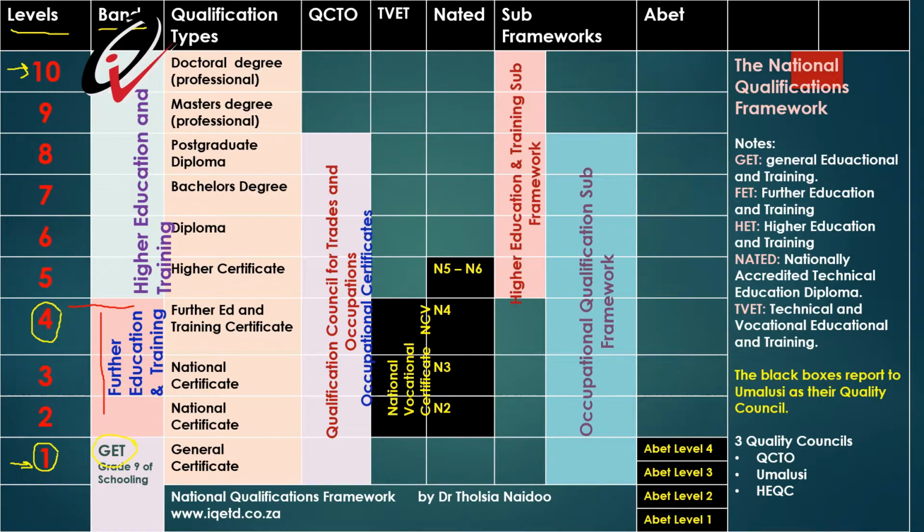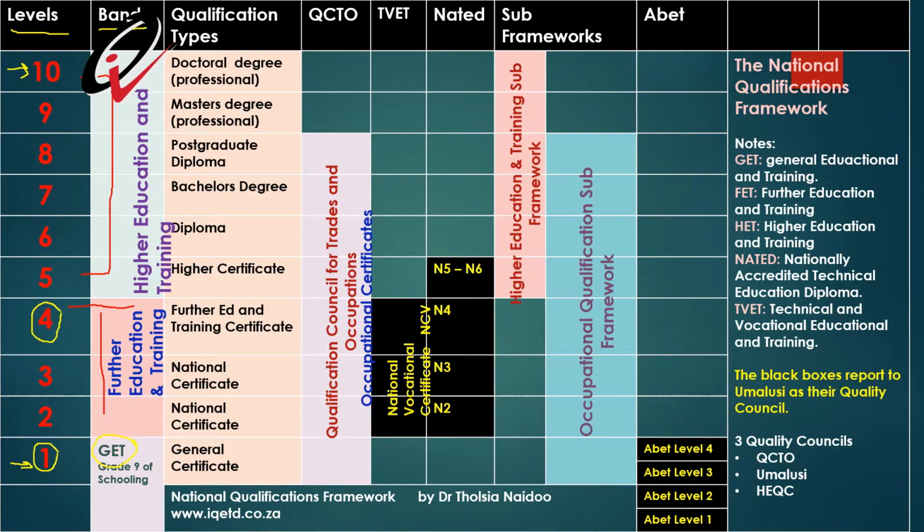We look then a little higher up on the bands. We have NQF level 5 to NQF level 10, and these are your higher education space. This forms your post-school and the university sector.